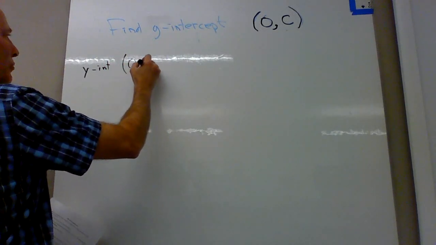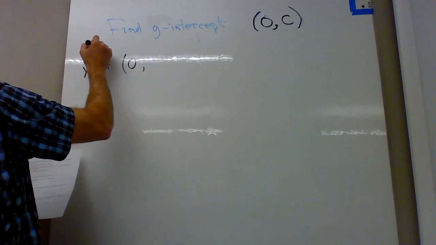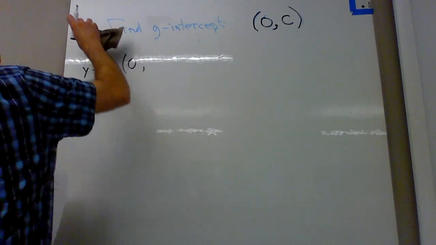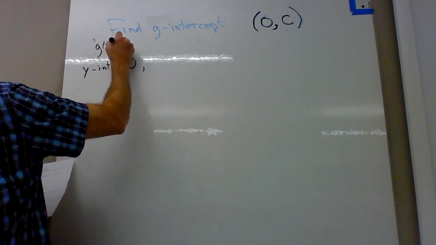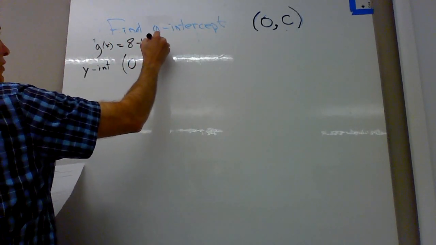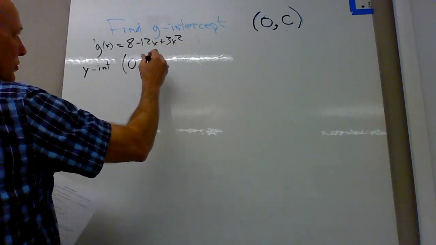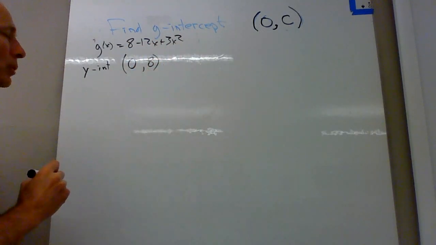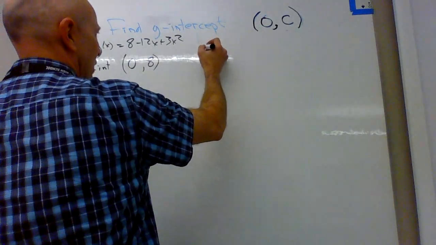The y-intercept for my first example, which I called g of x, and g of x is 8 minus 12x plus 3x squared. Zeros in for the x's leave me an 8. So I know the point 0, 8 is on that graph. It is the y-intercept of that graph.